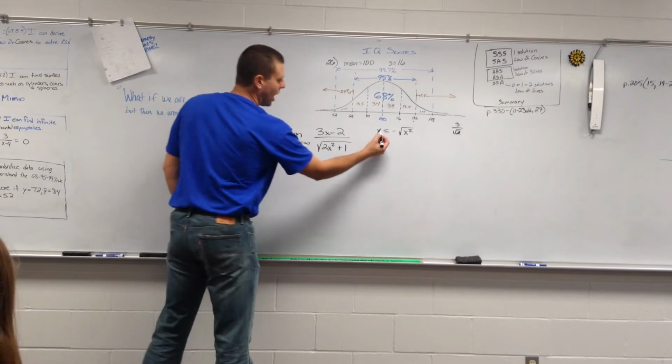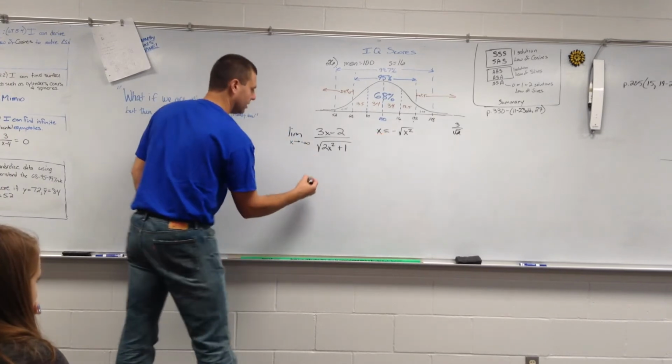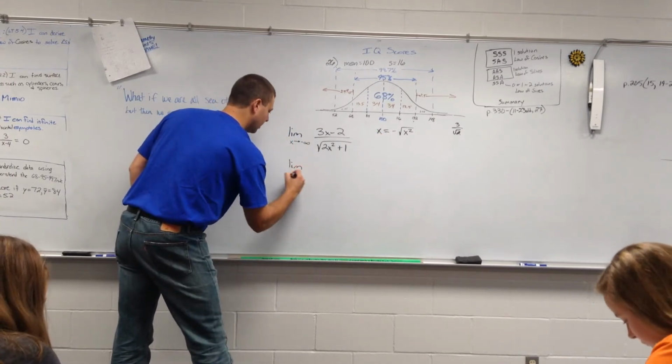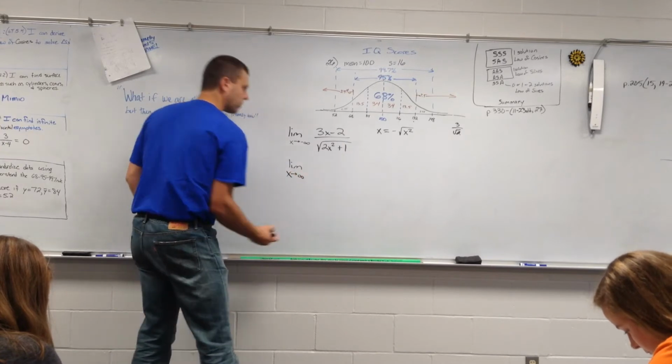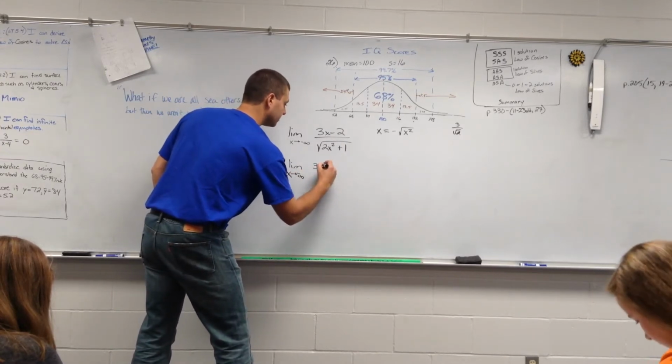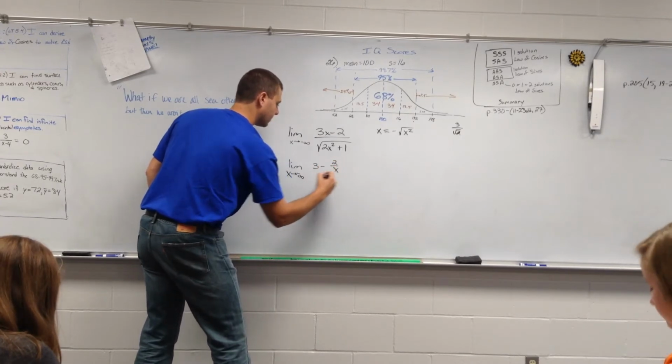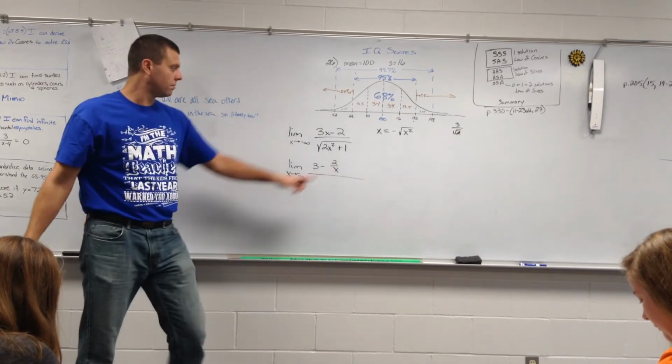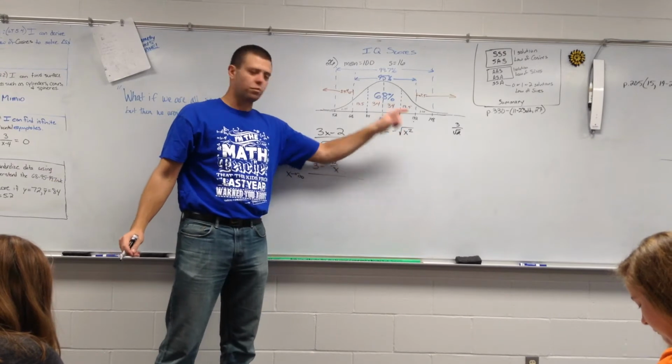So now, I'm going to divide the top by x again, alright? Negative then. And I'm going to divide the bottom by the negative square root of x squared.